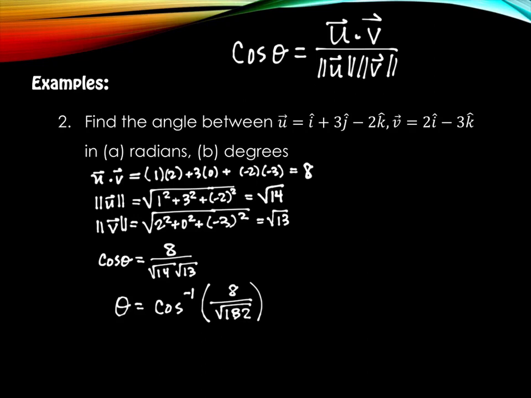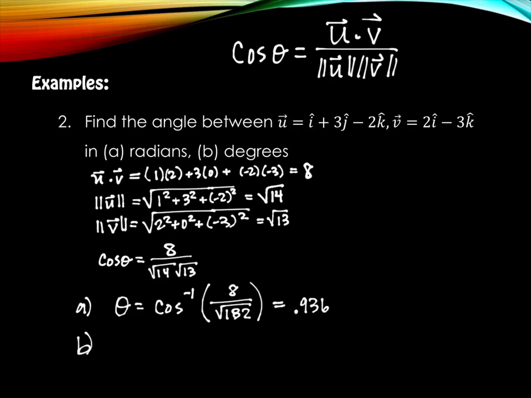All right, what is the inverse cosine of 8 over the square root of 182? We'll go with 3 decimals. Let's do radians first. Part A asks for radians. Well, I am in degrees. 0.936 for our radians. That was part A.